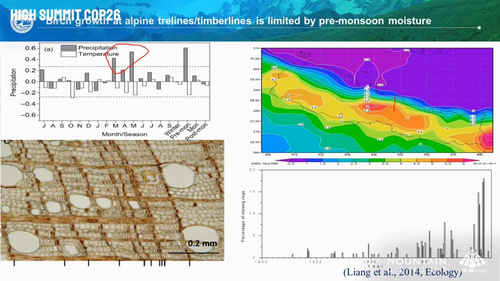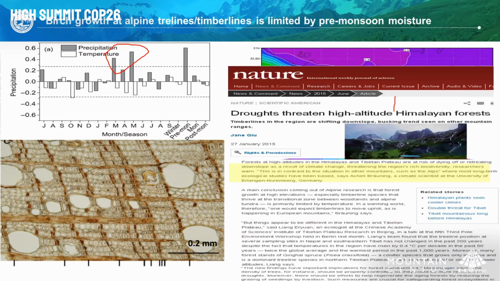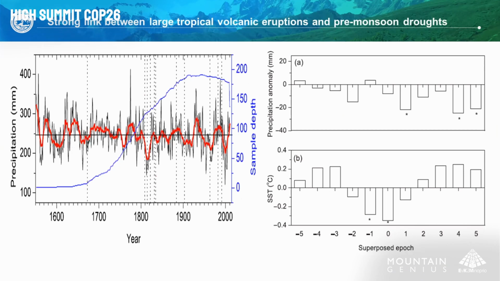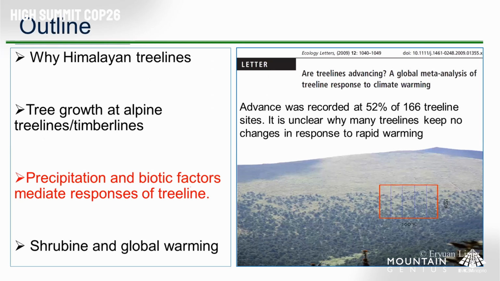This is the reason why at high elevation trees can be limited by moisture. Nature news also reported our result: drought threatening high altitude Himalayan forest. We use these species to reconstruct the moisture of the last 400 years. This is a unique species we can use, but I don't want to show the detail of this content.